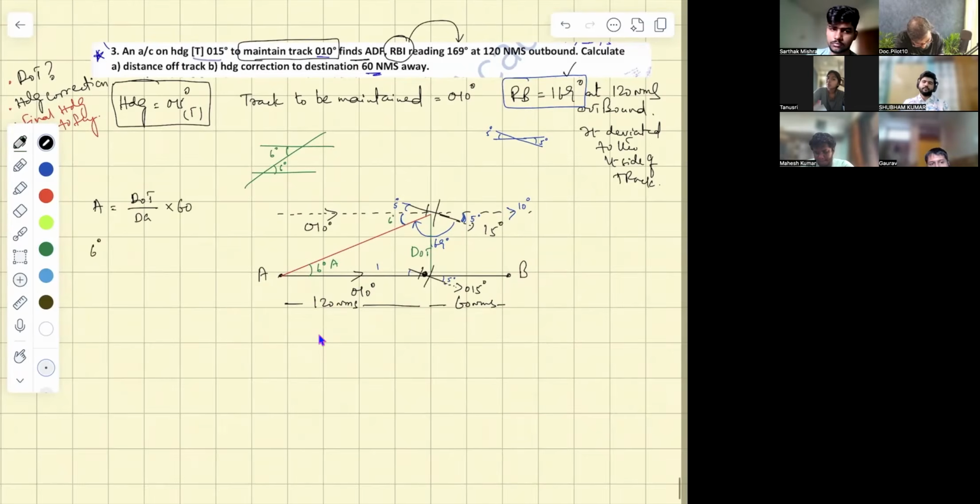The angle is 6 degrees. Distance off track I want to find out. Distance gone is 120, into 60. So 6 into 120 by 60. Distance off track is equal to 12 nautical miles. So you are deviated by 12 nautical miles. Everybody got it? So the answer for DOT is 12 nautical miles.